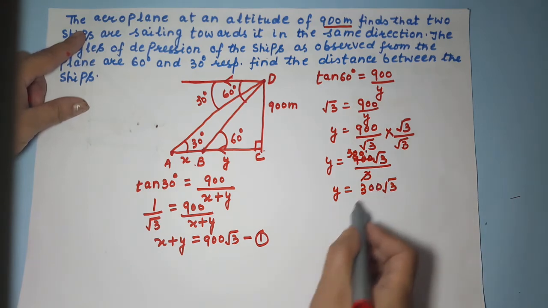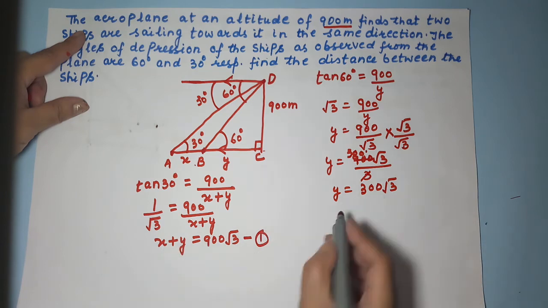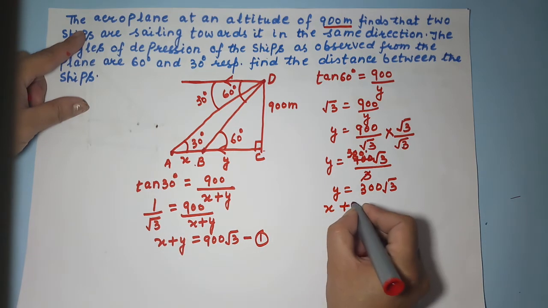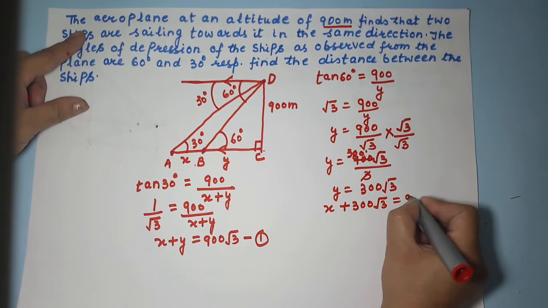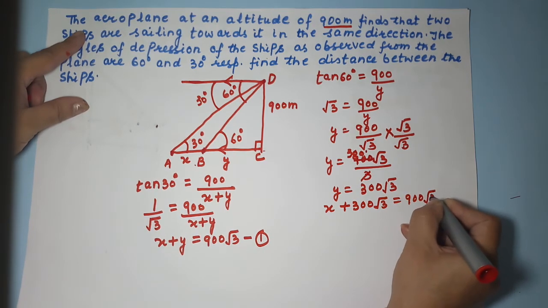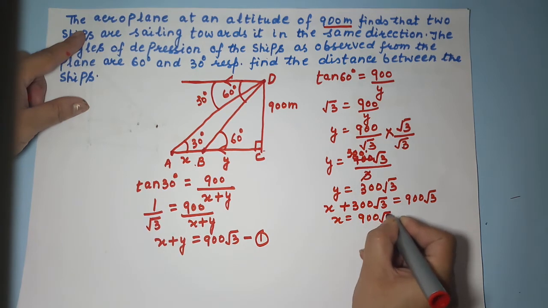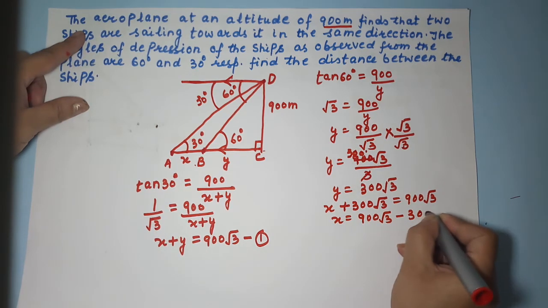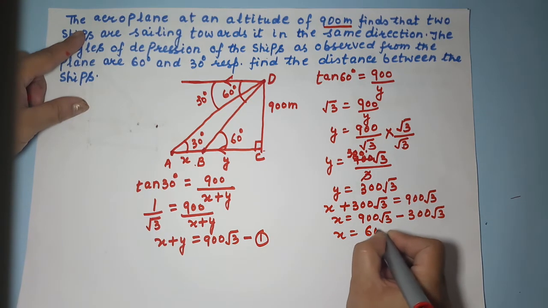Now you will go back to this equation and replace the value of y as 300 root 3. So you are getting x plus 300 root 3 is equal to 900 root 3. So your x is equal to 900 root 3 minus 300 root 3. How much is that? 600 root 3.